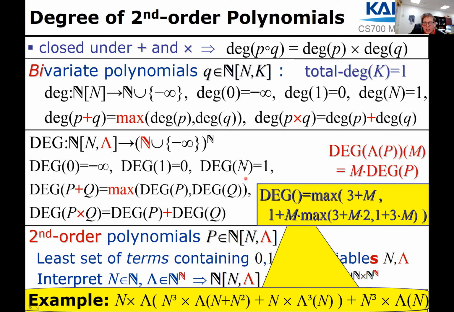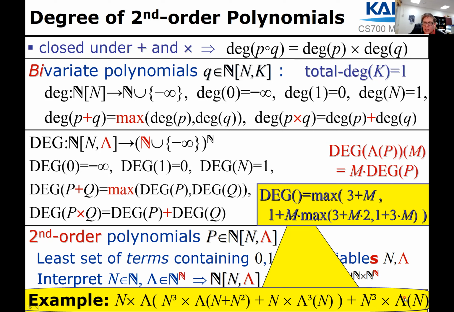So the degree of n squared, which is n times n, is the degree of n plus the degree of n, which is 1 plus 1 is 2. And similarly, the degree of n cubed is 3. Now there's a multiplication sign, and the degree of a product is the sum of the degrees. So the resulting degree will be 3 for this plus the degree of this expression.